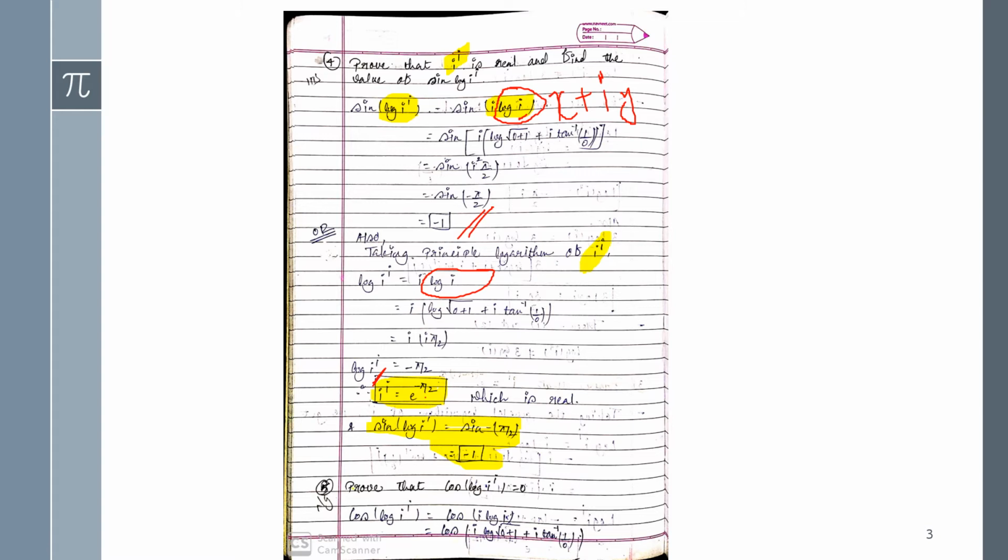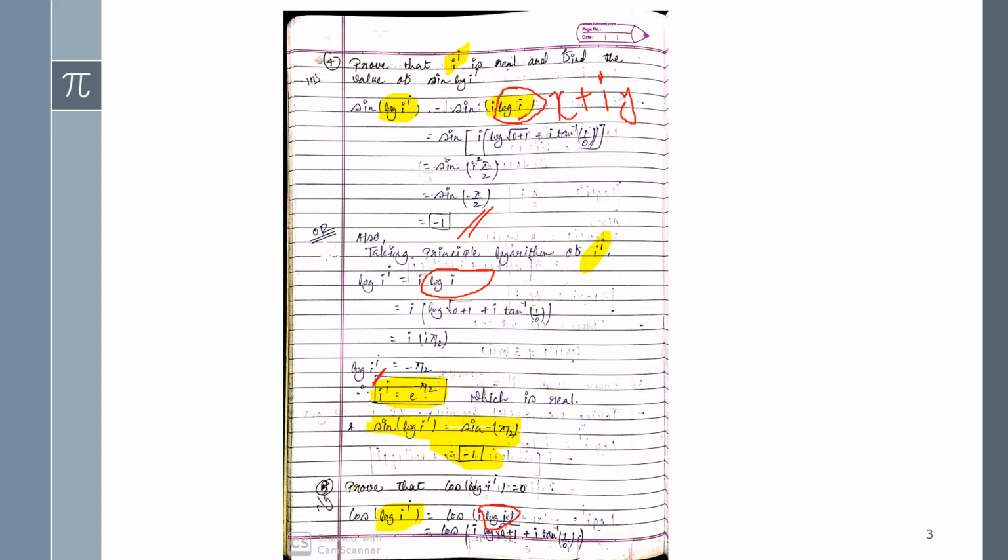Now the next one is again very much easier, and it is the same as the fourth example. Prove that, but here it's given only a single part. So the question is: prove that cos of log i raised to i equals 0. First, in the very first step you will simplify this term, that is i log i, and then you will apply the formula, the principal value for log i, that is, this one.